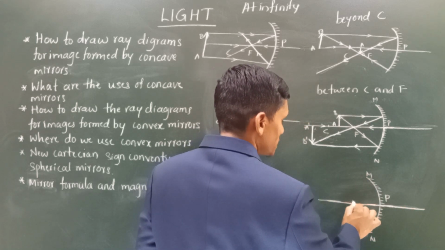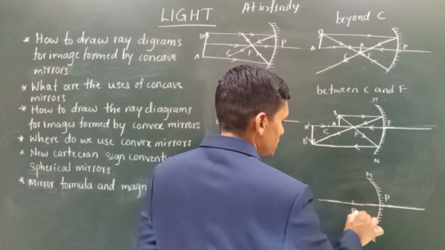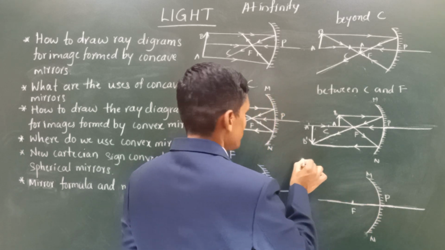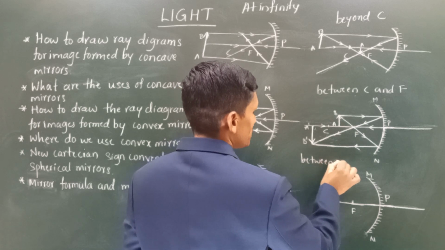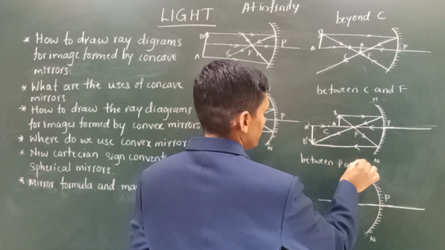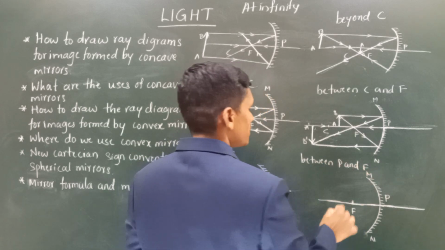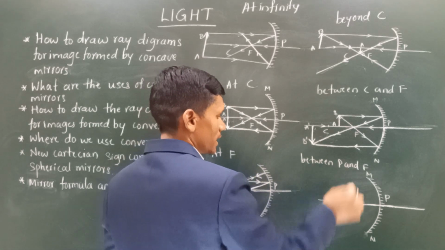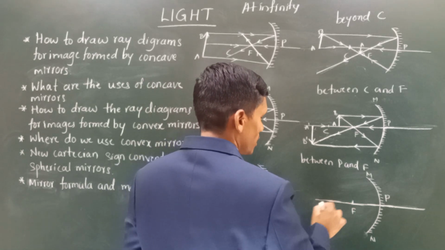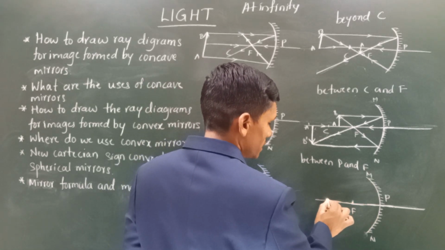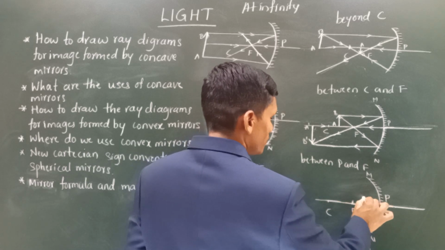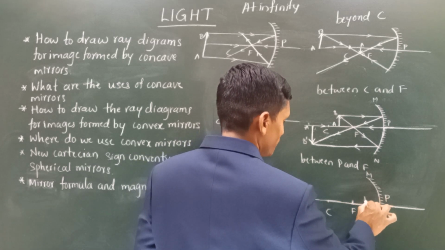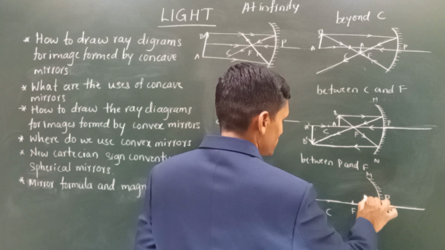This is F. When the object is between P and F, this will be the center of curvature, right? Now what happens?